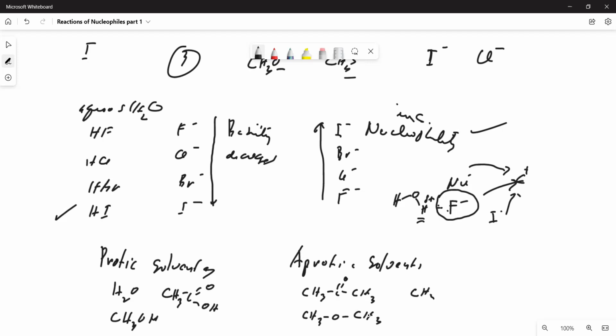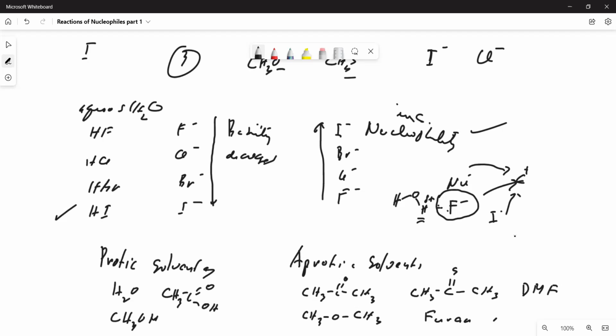Dimethyl sulfoxide is just like a ketone, except that the oxygen is replaced by S. So that is dimethyl sulfoxide. We also have furan, also aprotic, and we also have dimethylformamide or DMF. All of these are aprotic solvents. So if you use these solvents, this will enhance the nucleophilicity of fluoride.